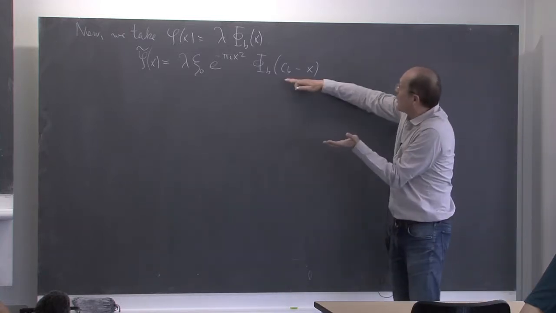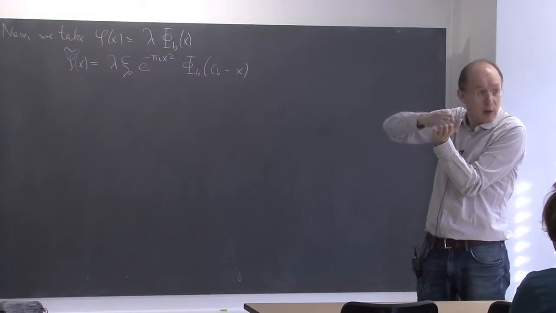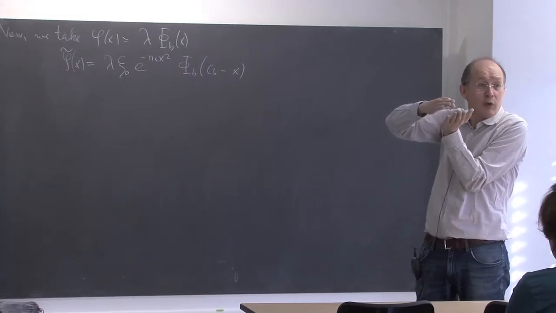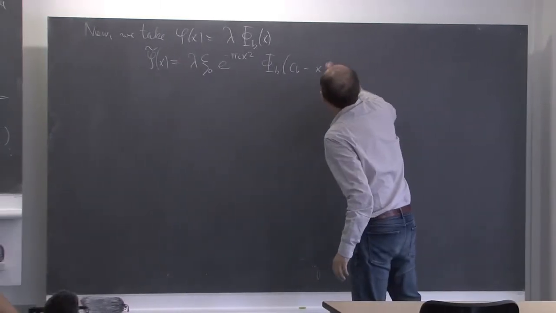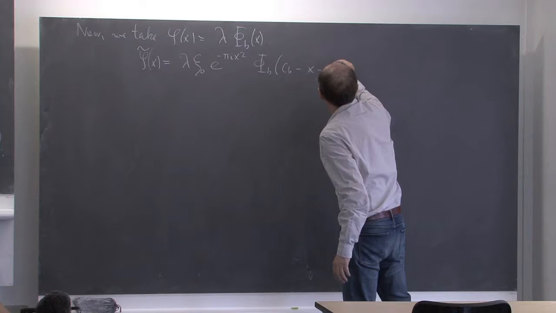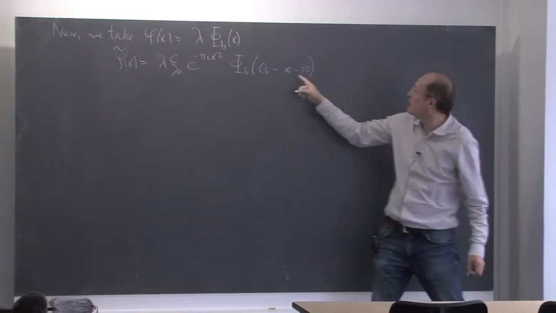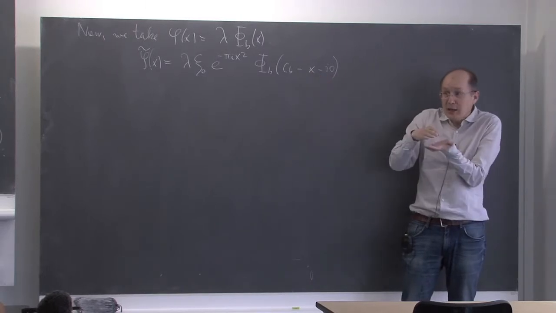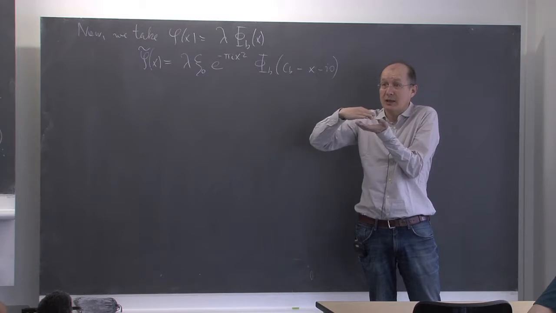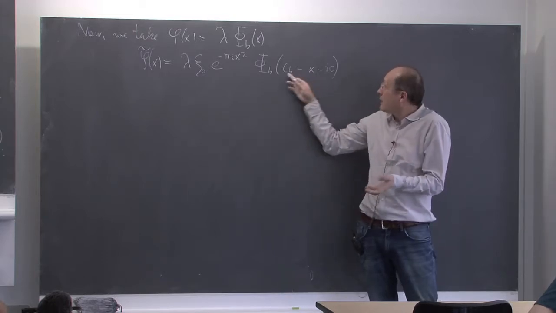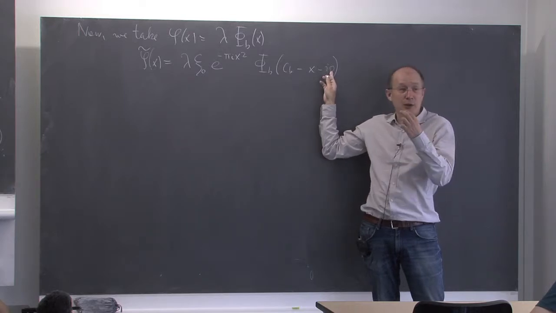And since this distribution should be thought of as a limit of the analytic function from the domain of its analyticity, then we have to put here minus I epsilon, or I 0, which means that we should attribute to x a little positive imaginary part. Now we are in the analytic function, and this imaginary part is arbitrarily small.